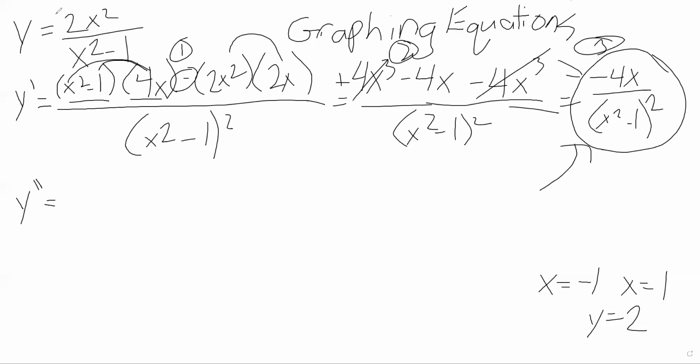Remember, this number was the derivative of this equation. And you're taking the derivative of this, right? So it's going to be another quotient rule because it has the division sign, the fraction. So we have the bottom, x squared minus 1 times the derivative of the top, negative 4x.